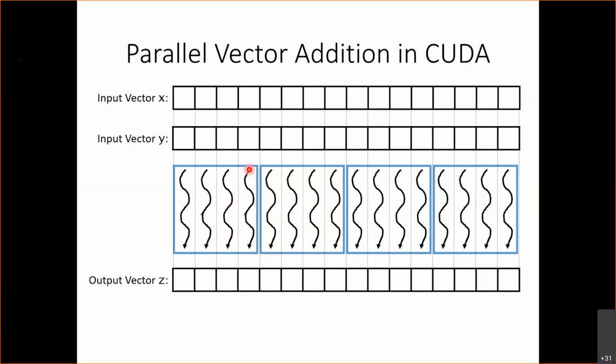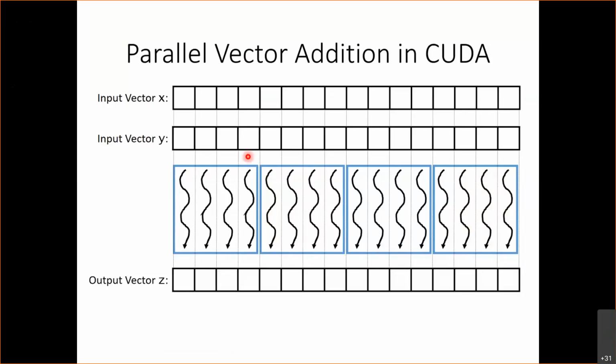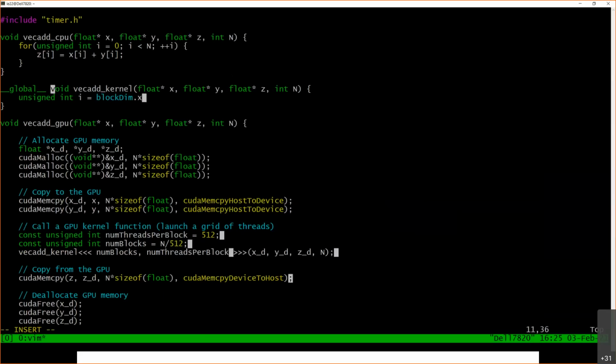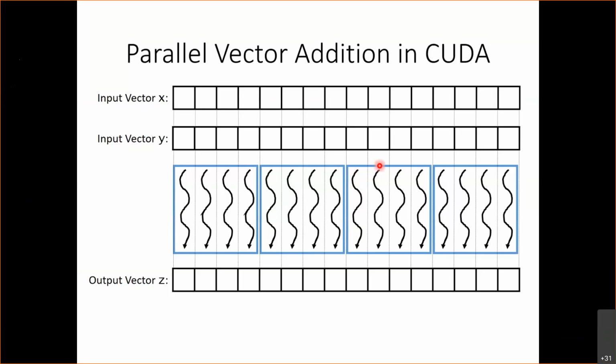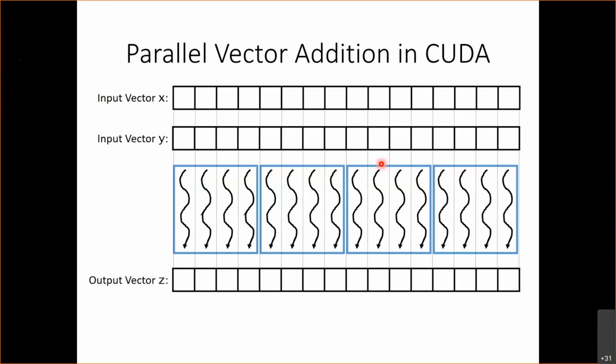So the size of the block is blockDim.x. Okay, the number of blocks is going to be blockIdx.x. So we have blockDim.x times blockIdx.x. Okay, and then the index of the thread with respect to the beginning of the block is going to be plus threadIdx.x.